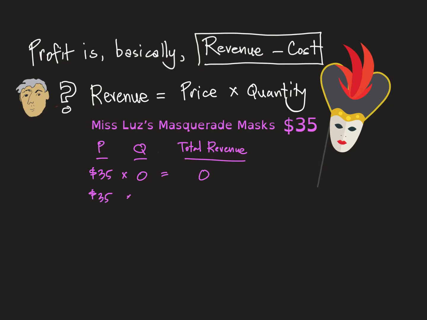If we sell 1 mask, we're going to get the $35. If we sell 2 masks, and you get the idea. So this says nothing about our costs. This is just revenue.